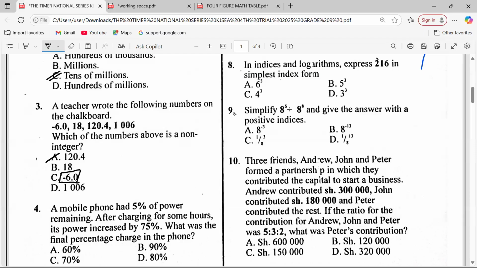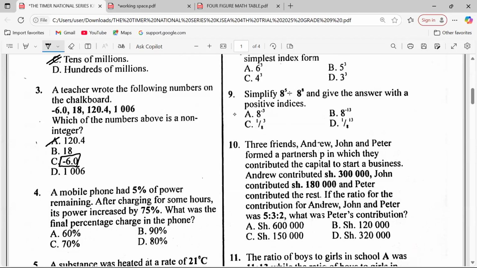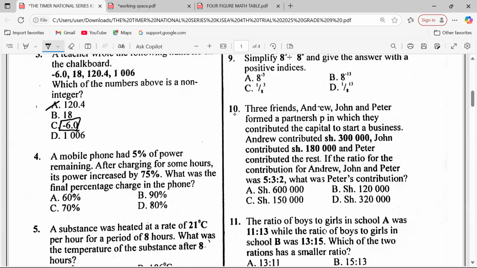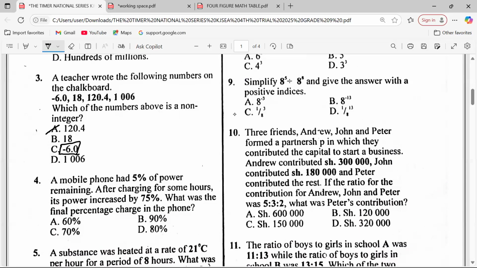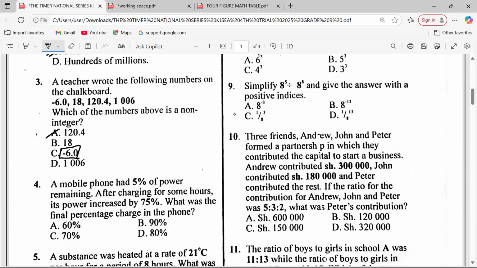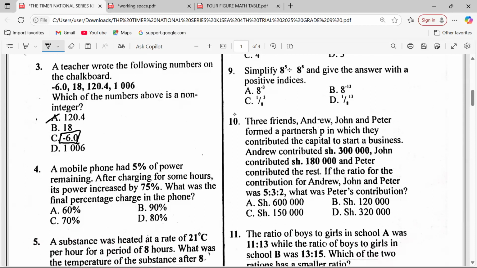So depending on the learning area that we are dealing with, 0 can have some value according to how it has been used. Therefore, there is some conflict there. A student choosing part C, according to me, I would allocate the mark because it's already been written as a decimal. So we can't say it is not a decimal.